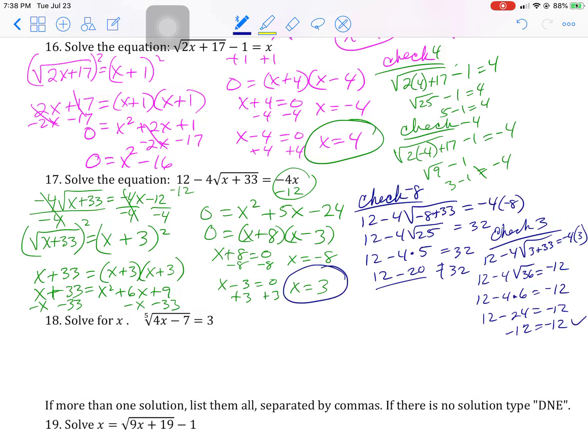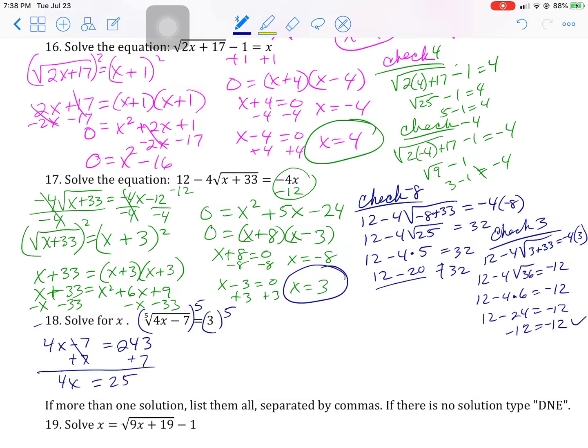Okay, number 18 is a fifth root, and it's by itself, so we're going to raise it to the 5th power. Whatever we do to one side, we do to the other side, so that's going to get rid of the radical. 3 to the 5th power is 243, plus 7.